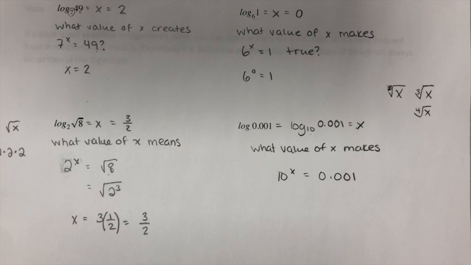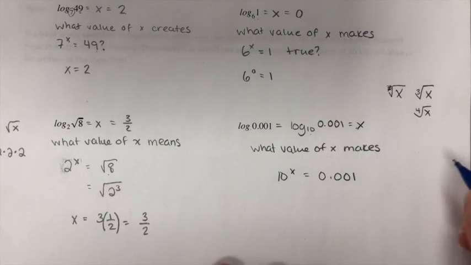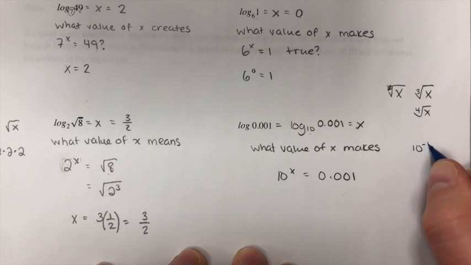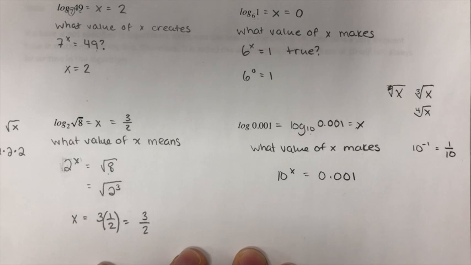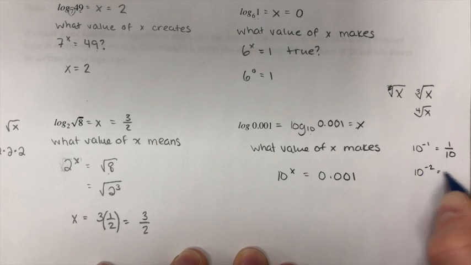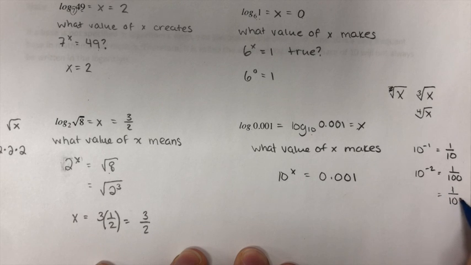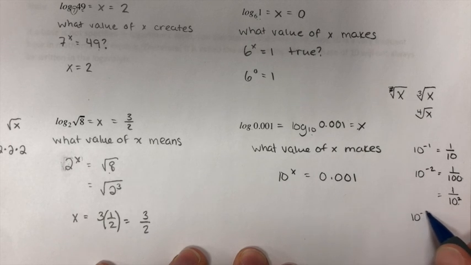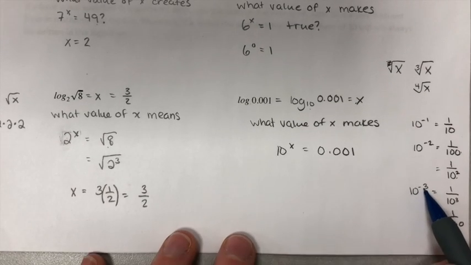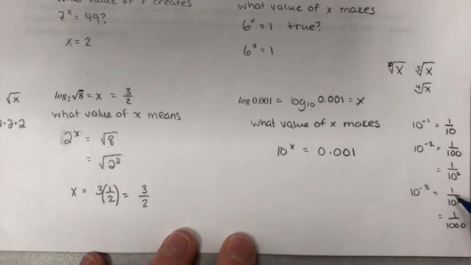So something like 10 to the -1 means 1/10. 10 to the -2 means 1/100th, because this is 1 over 10 to the +2, and 10 squared is 100. 10 to the -3 is going to be 1 over 10 cubed, which would be 1 over 1,000. So remember, when you've got a negative exponent, you're reciprocaling and then putting the positive version of that exponent there.